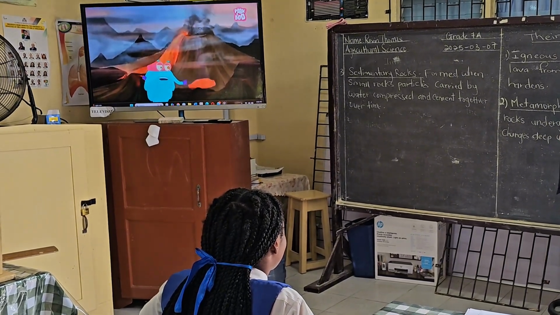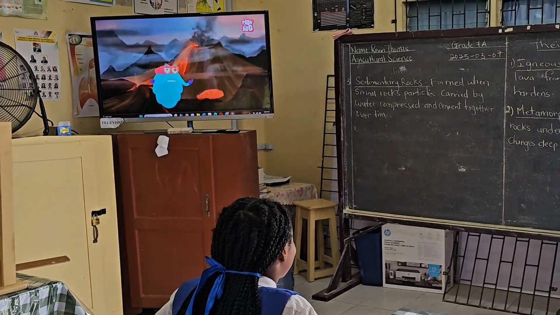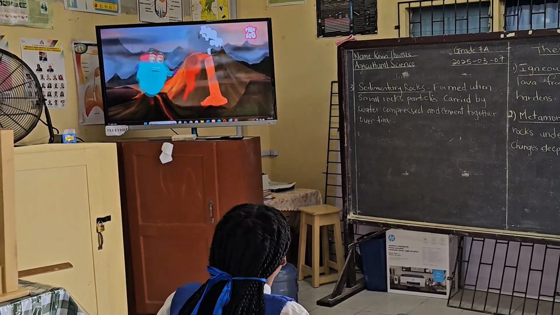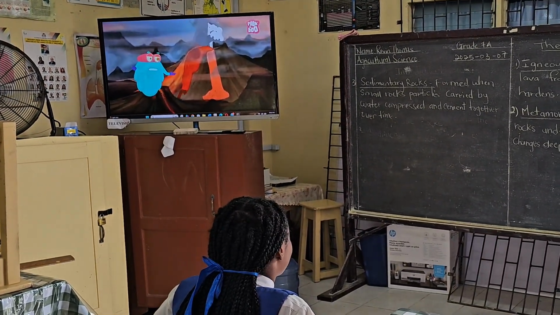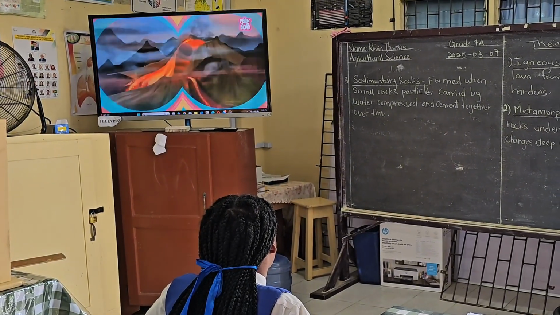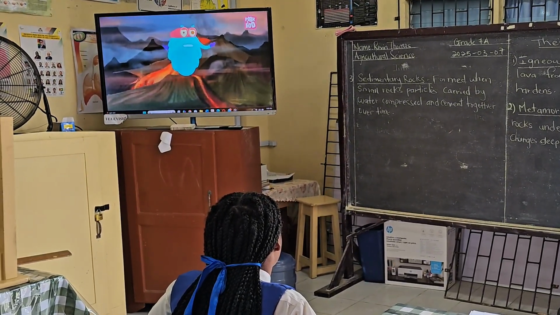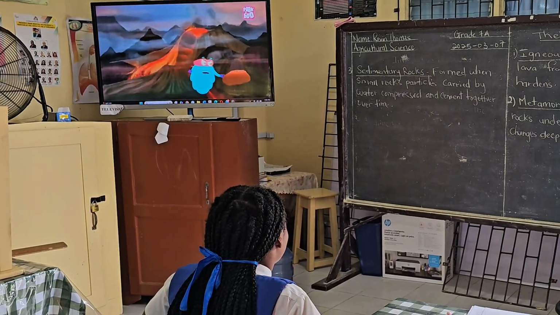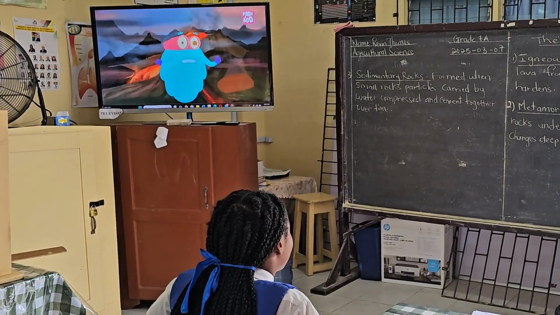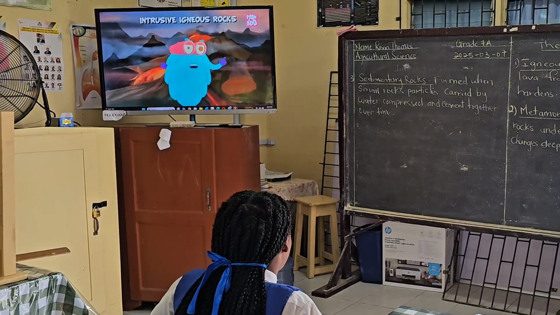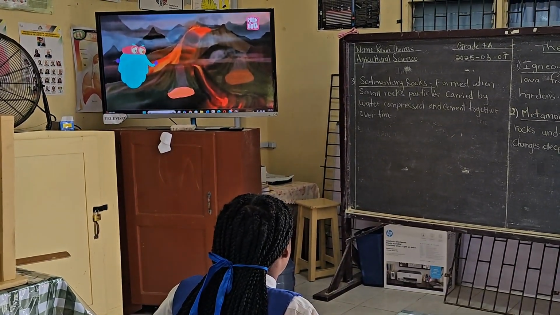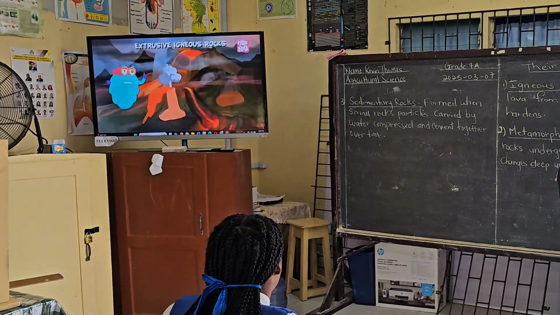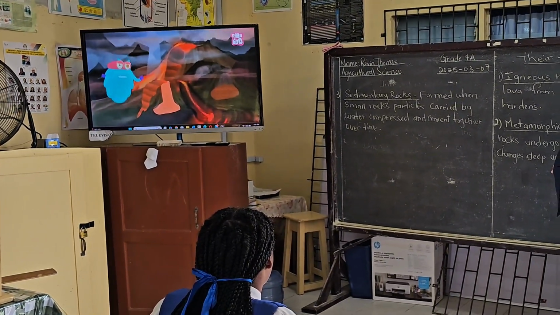So igneous rocks are formed when the molten matter inside the earth, called magma, comes out of a volcano and later cools down and solidifies. There are two types of igneous rocks. When the magma cools down and solidifies inside the Earth's surface, they are known as intrusive igneous rocks. When the magma erupts above the Earth's surface and solidifies, extrusive igneous rocks are formed.